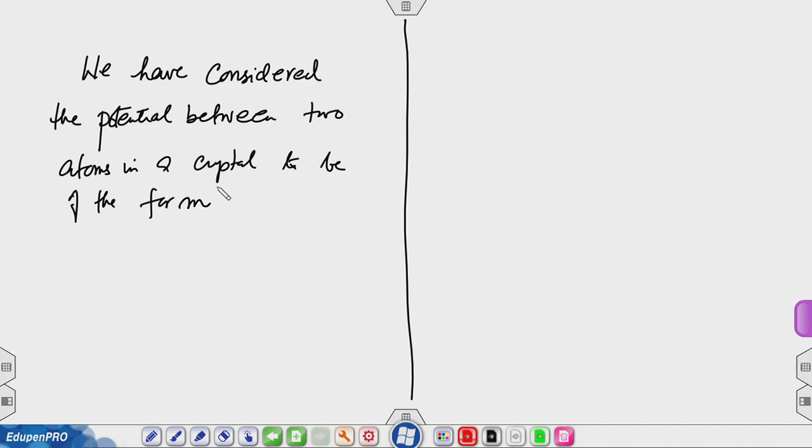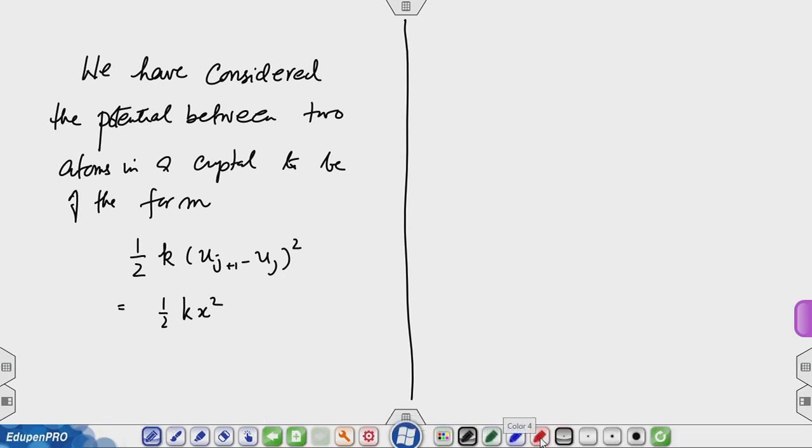So, the form it has is 1/2 k (u_{j+1} minus u_j) square, which I am going to write as 1/2 k x square. If I plot it with respect to x, it appears to be purely a parabola.